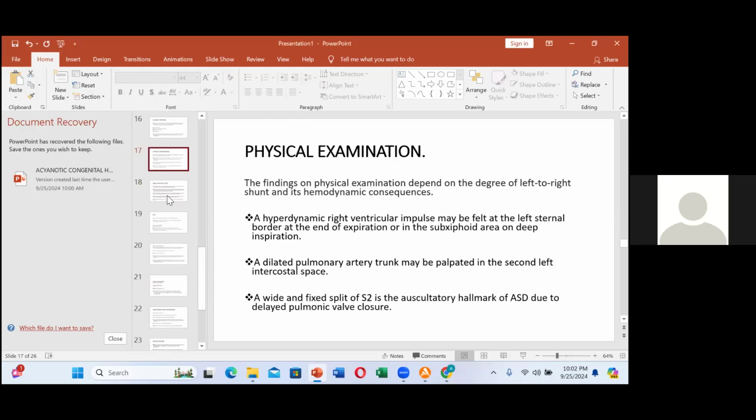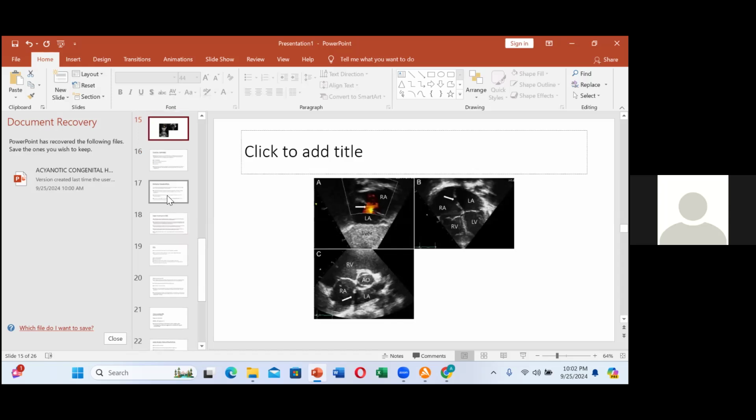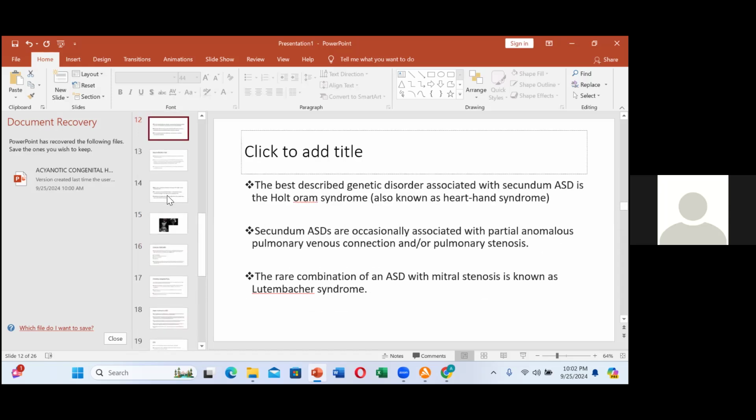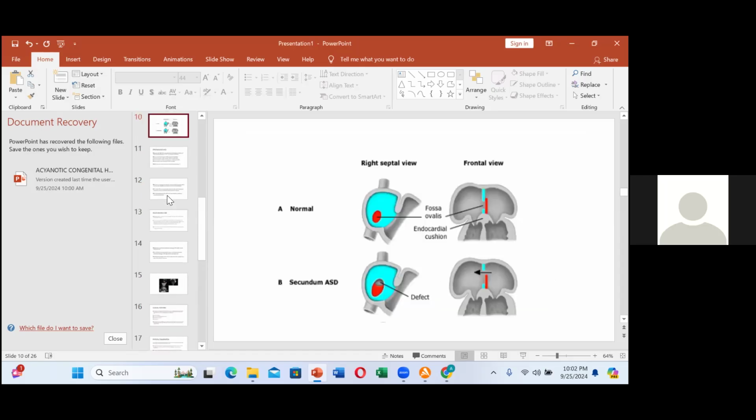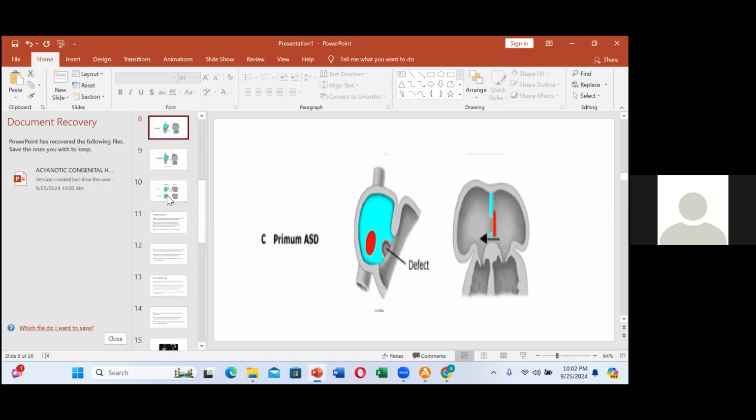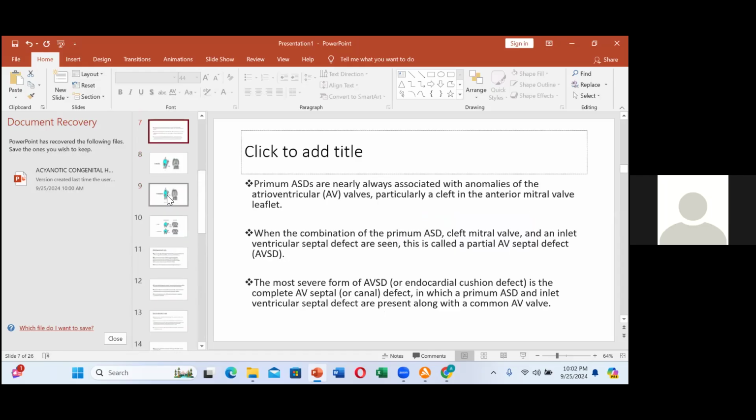But the important information you just need is to know the ECG patterns in the different types of ASD. Hope you understand, sir.